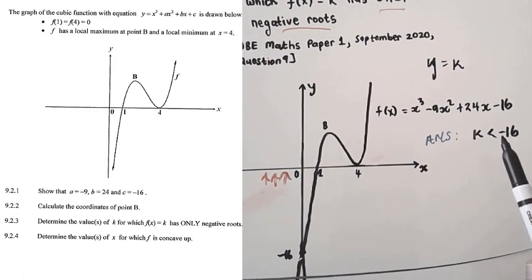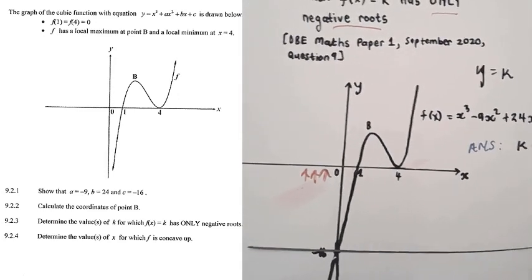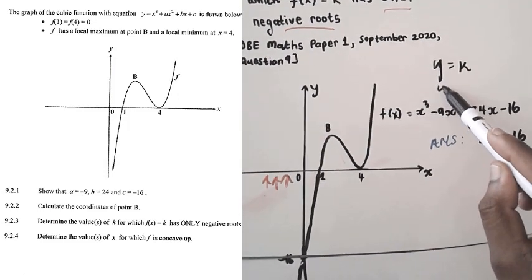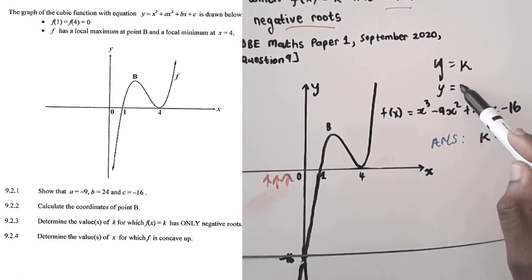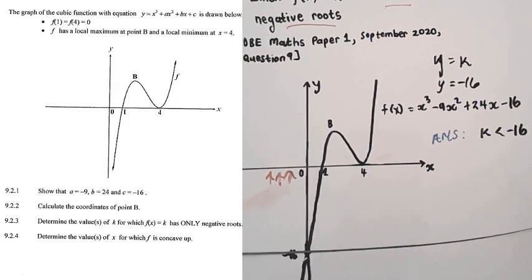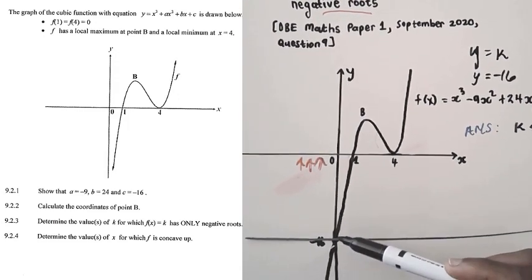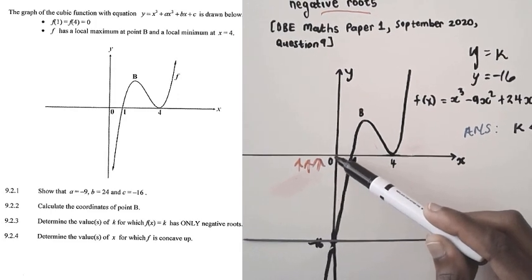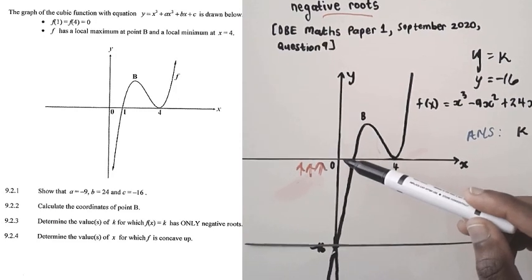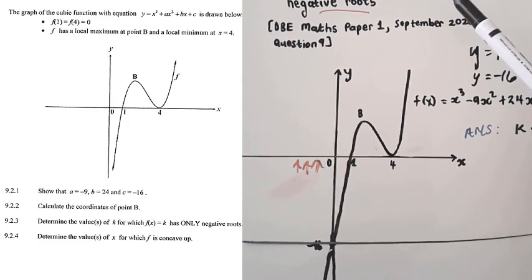And we're going to say strictly less than negative 16 because if it's equal to negative 16, then the equation of our line is going to be y equals negative 16. At that point the solution that we'll have is a solution of 0, and 0 is neither a positive nor a negative number, so it's not actually satisfying this condition.